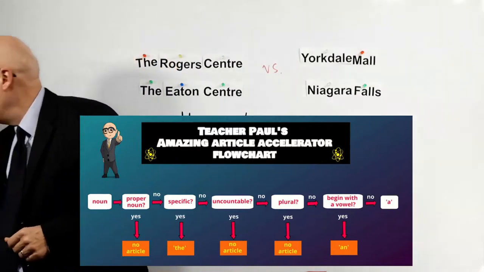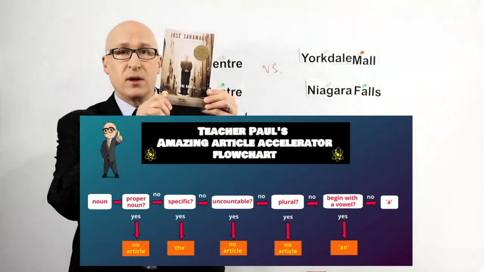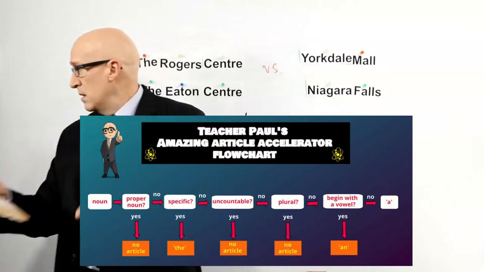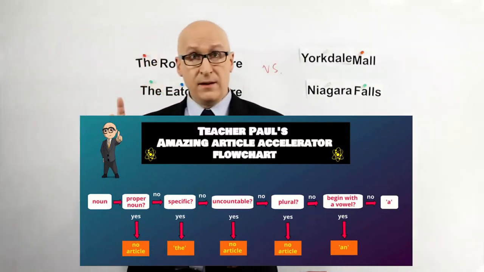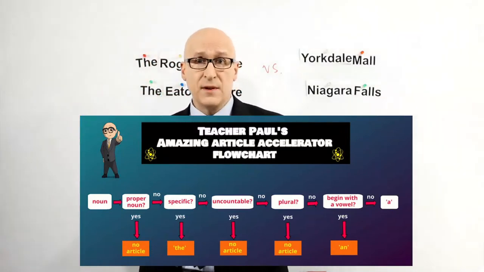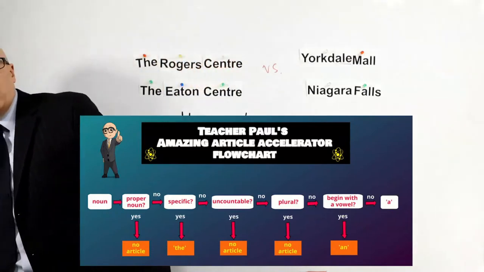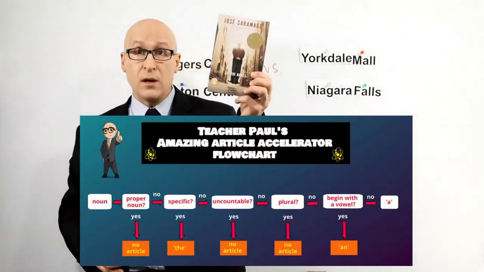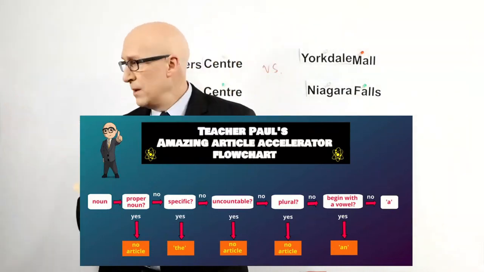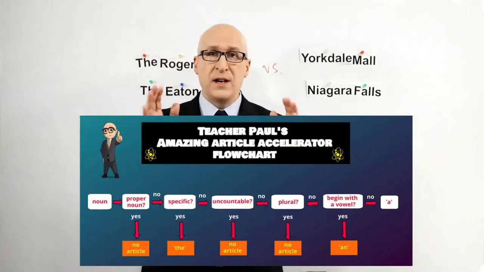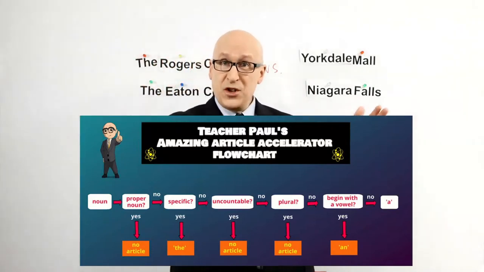I'll show you this book. It's called All the Names by Jose Saramago. And Saramago's book is interesting. Okay? Now I can say, well, let me show you the book again. The Saramago book, because now we have two. Okay, so this chart is a good way to decide which article you need.